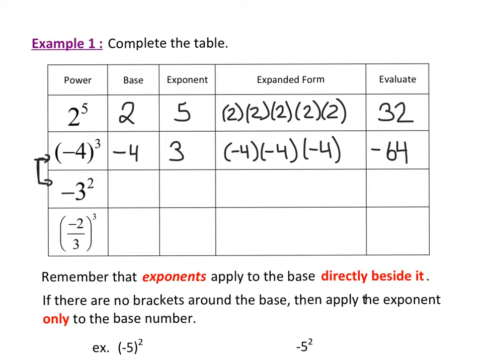Now, in the other example here, there are no brackets. So our base here is actually just 3. Our exponent is 2. Now, we still include the negative in expanded form, but the negative is just by itself. The exponent is not applied to that negative. The exponent is only applied to the base of 3.